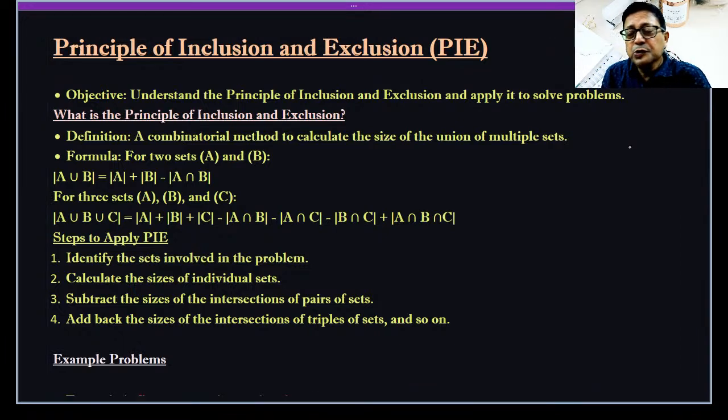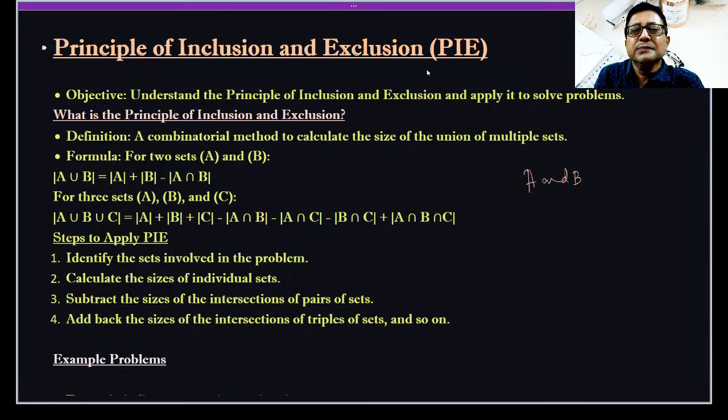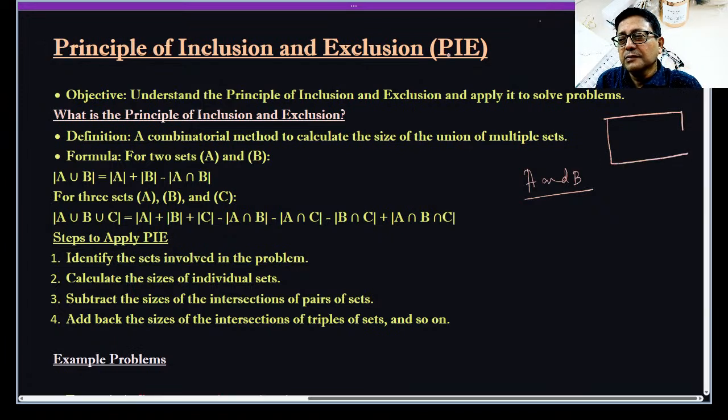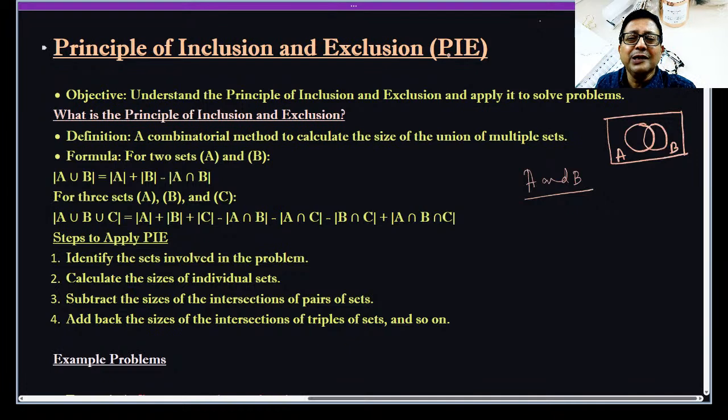If I have two sets A and B, there are two sets, and for these sets, if you draw the Venn diagram, situation may be like this, where we have assumed that they are not disjoint.